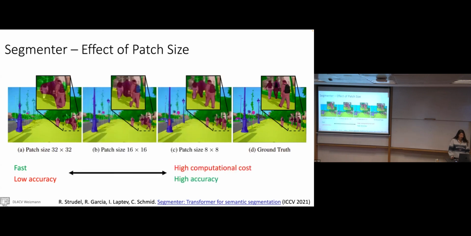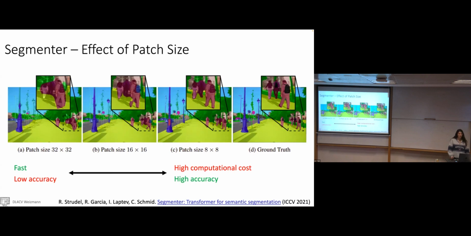There is a trade-off here: as you decrease the patch size, the computational cost is going to be higher because you're going to have more tokens, so the evaluation of the attention will be much higher, but the accuracy of course will be much better.